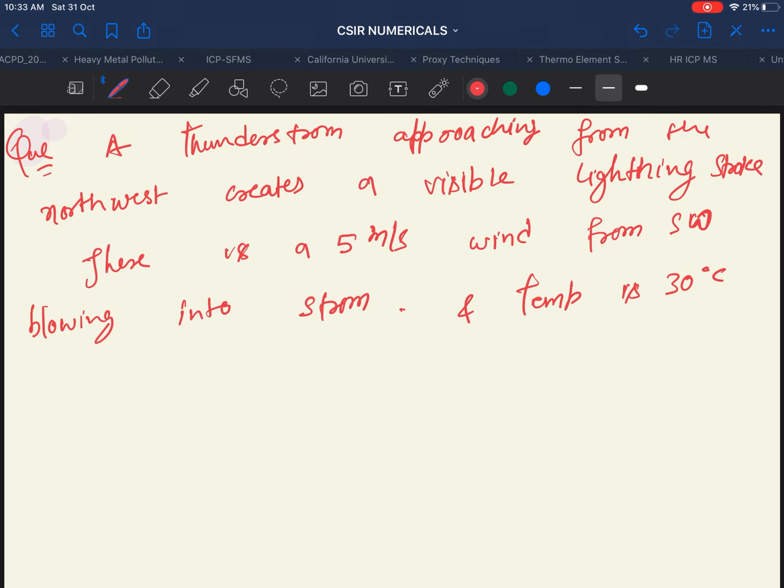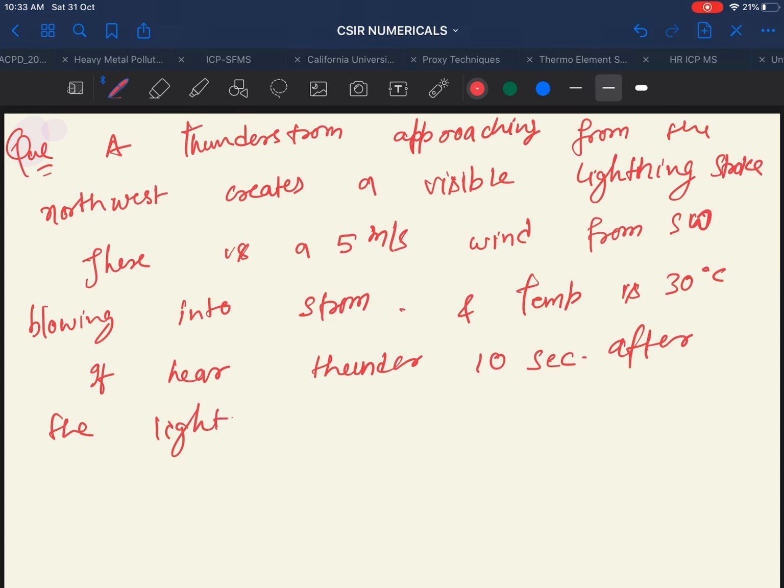This is southwest, 30 degrees Celsius. If you hear thunder 10 seconds after the lightning, how far was the stroke? We have to find how far was the stroke. Very easy question it is.